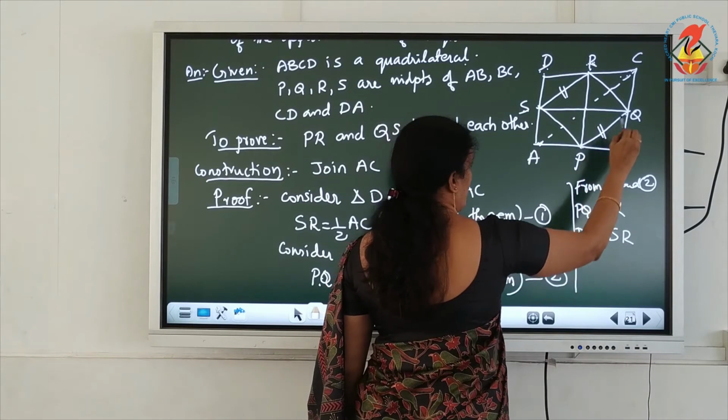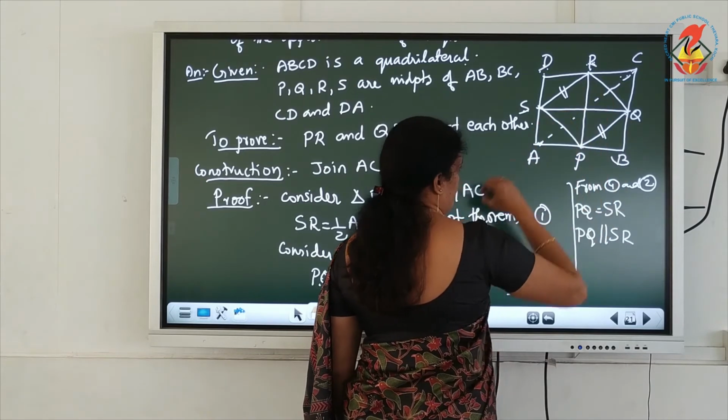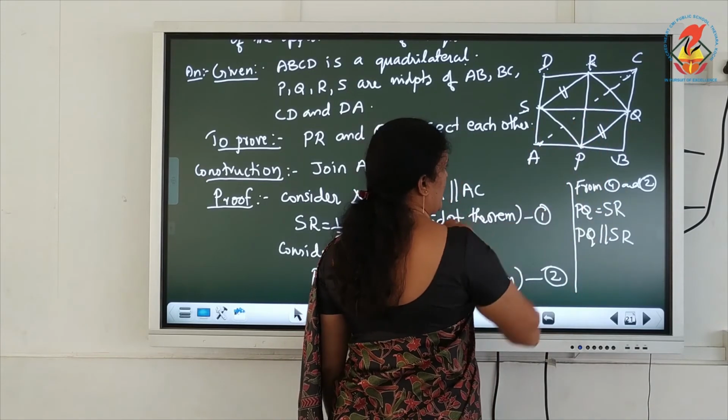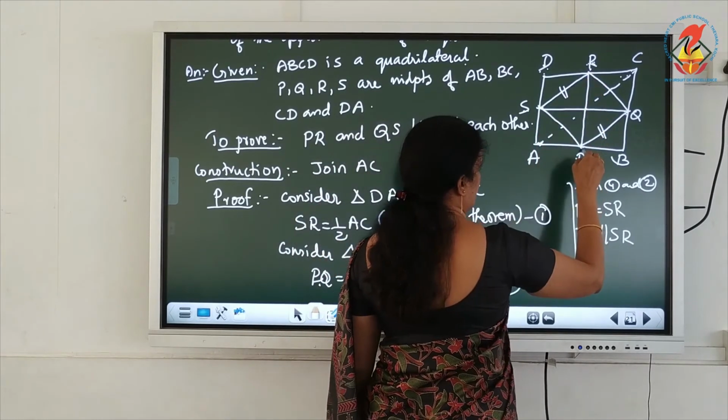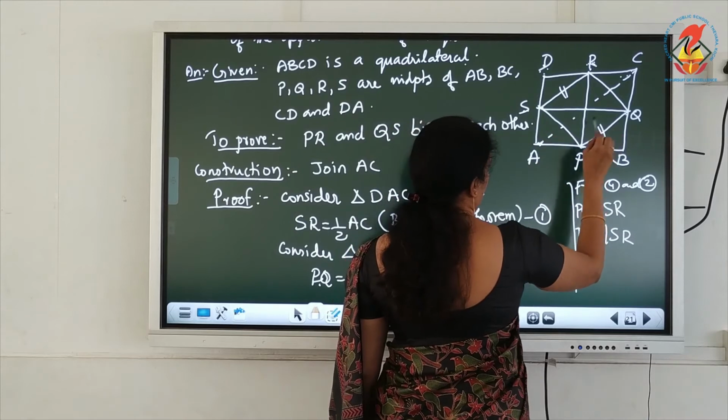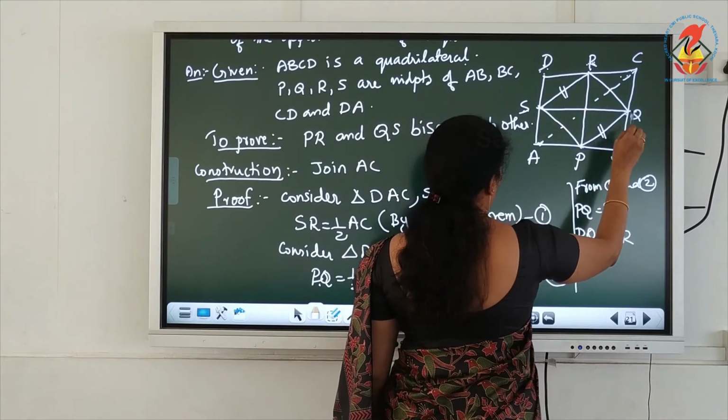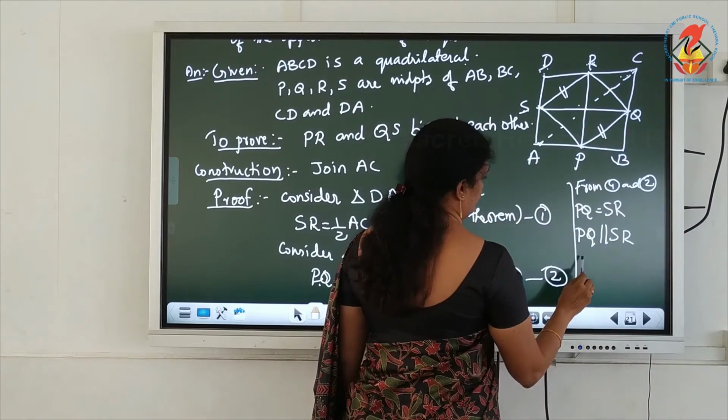That means this quadrilateral is a parallelogram. PQRS is a parallelogram. In a parallelogram, diagonals bisect each other. That means PR and QS bisect each other.